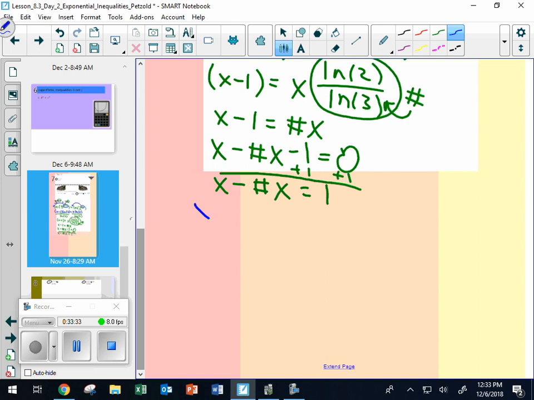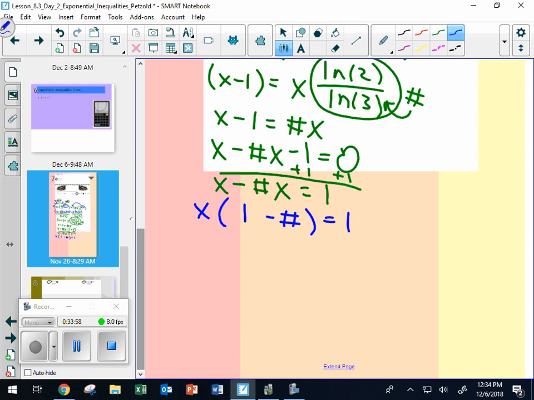If I factor out an x, what is left within my parentheses? I know that here this is going to be a minus number, whatever that number is. Is that just blank? What does it become? 1. So just because you factored out an x, you still have something remaining. And that is a 1. And that's equal to 1.